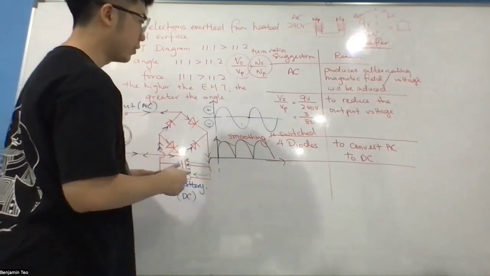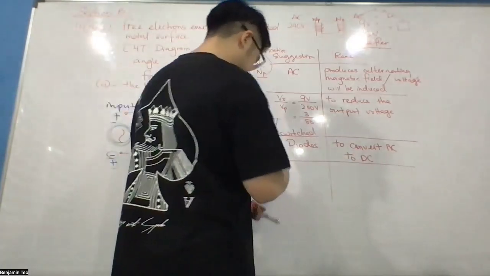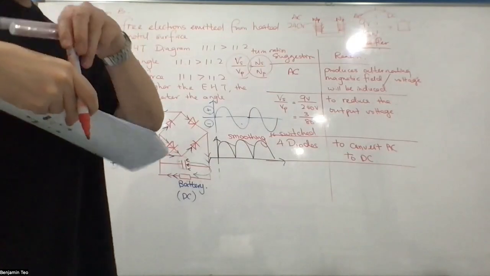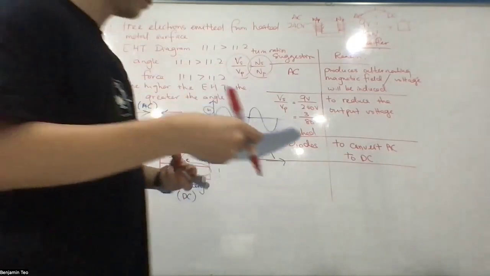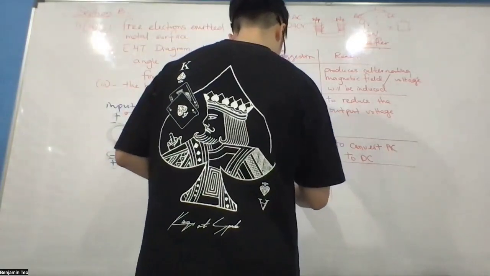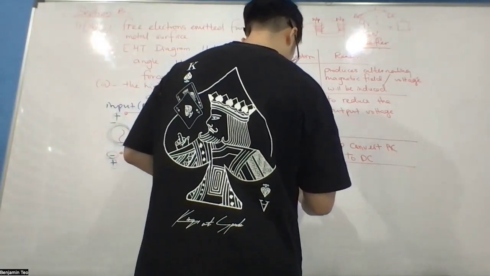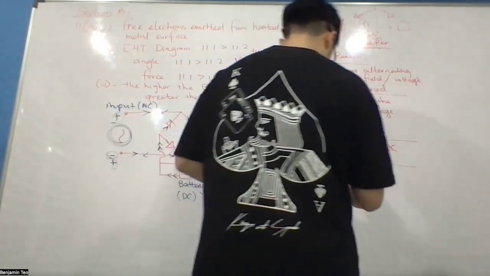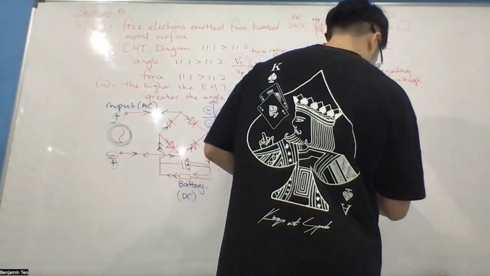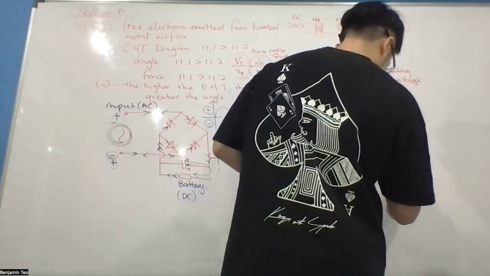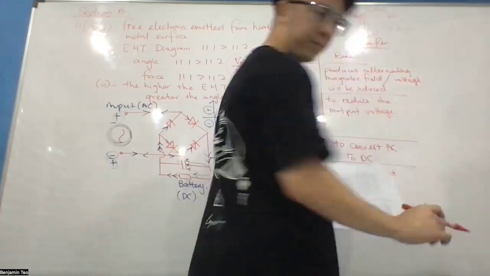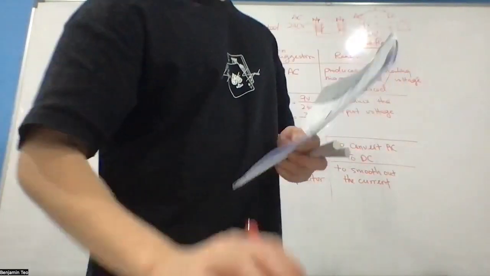So you mention that in here. When this point is not given, when you say add a capacitor, use a capacitor to smooth out current.